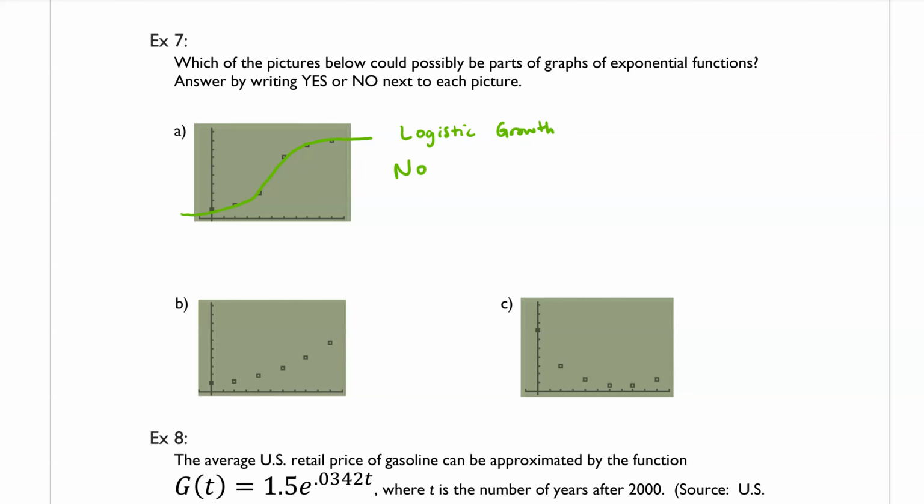Let's go to part C, and then we'll come back to part B. If I fill in the graph for part C, notice that our graph is decreasing and then it goes back to increasing. So this is not exponential, but that's characteristic of a quadratic function.